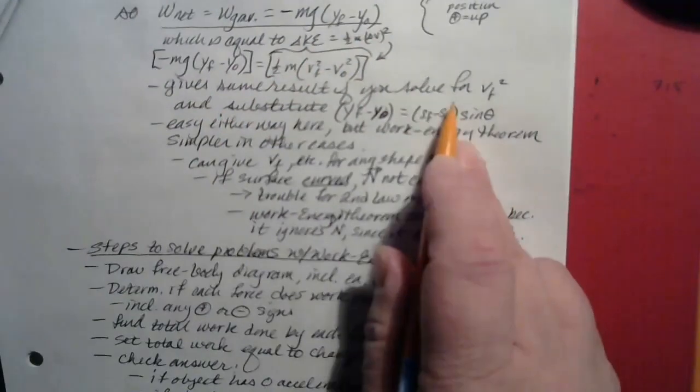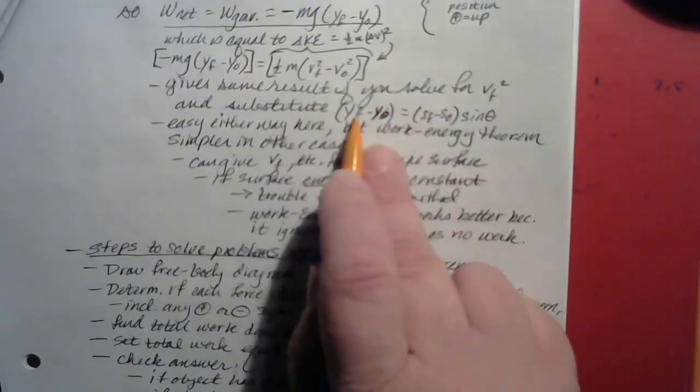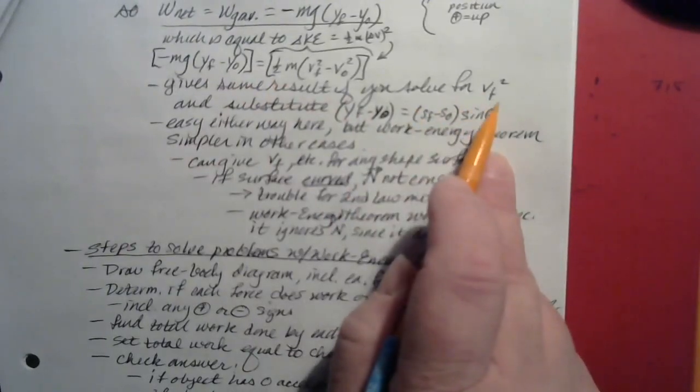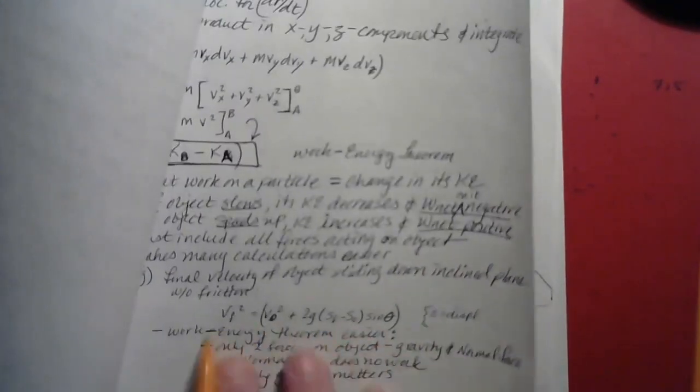And if you work this out, basically if you take the yf minus yo and substitute in sf minus so times sine theta, and then solve for vf squared, you end up with the same answer that we got from the kinematic equations. And so it ends up working out the same.